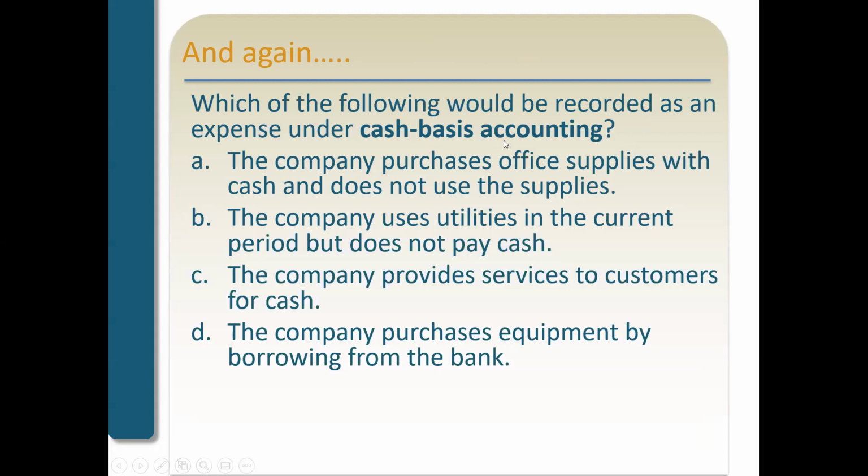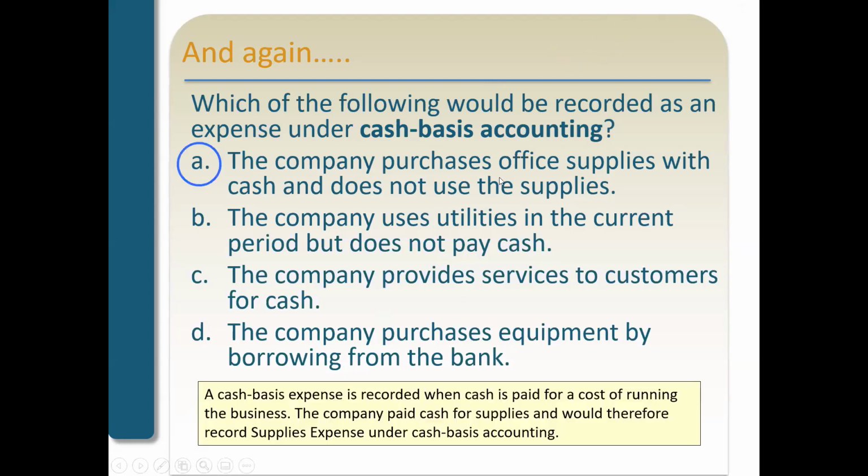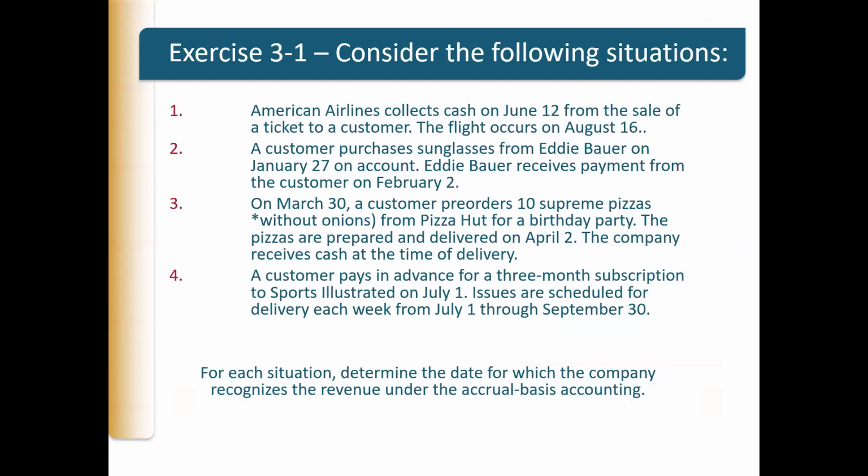A or B? A. Perfect, guys. It would be A. It's A because the company paid cash for those supplies. Under cash basis, it's when you pay for it. It's when you treat it as an expense.